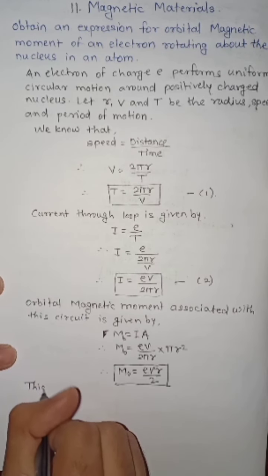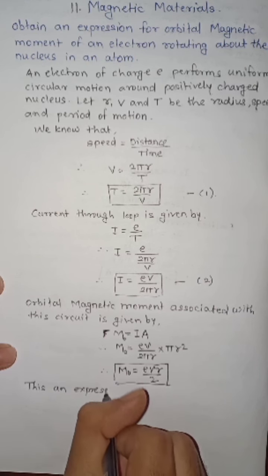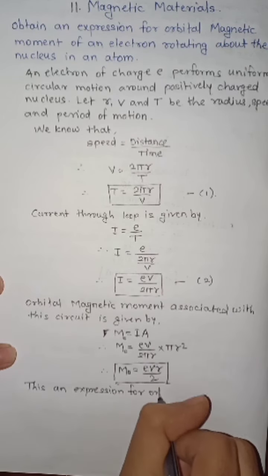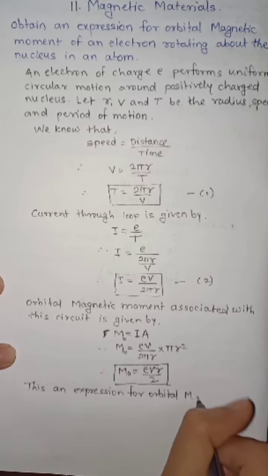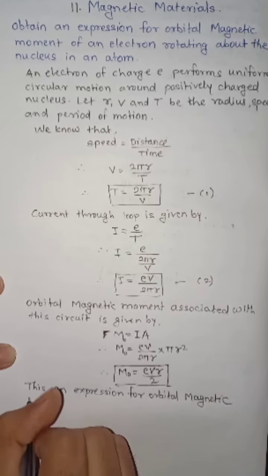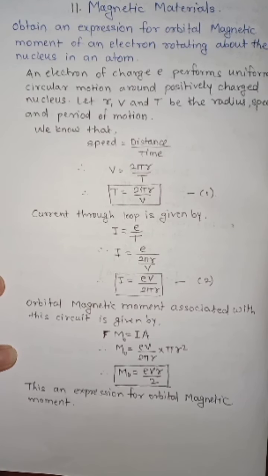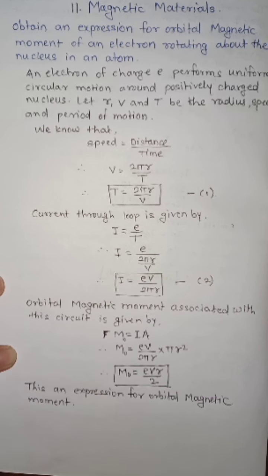This is an expression for orbital magnetic moment. Now from this equation we will find the relation between orbital magnetic moment and angular momentum.